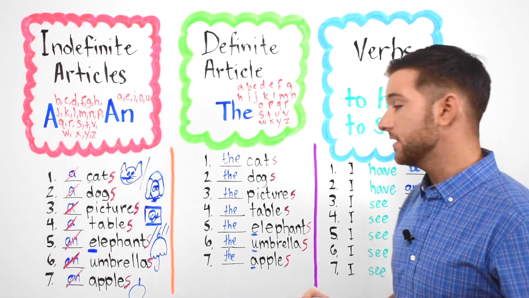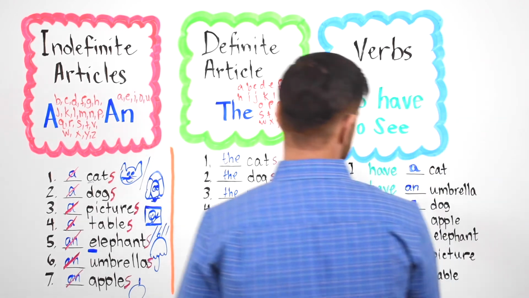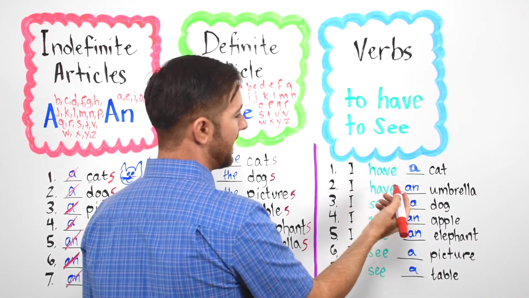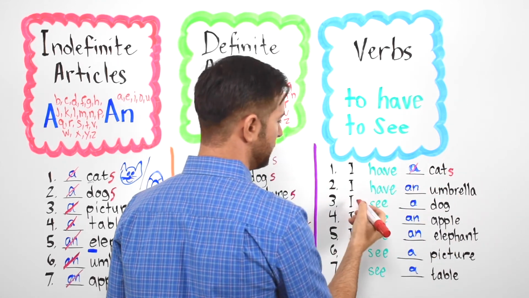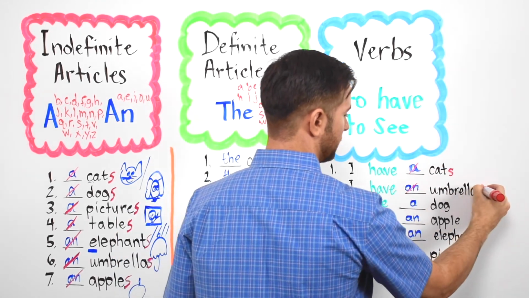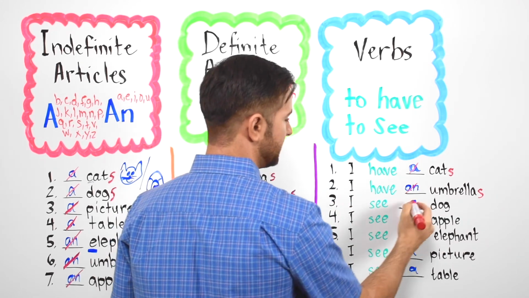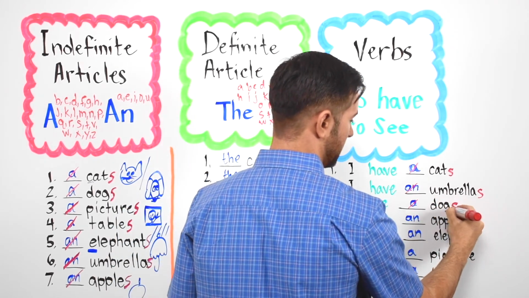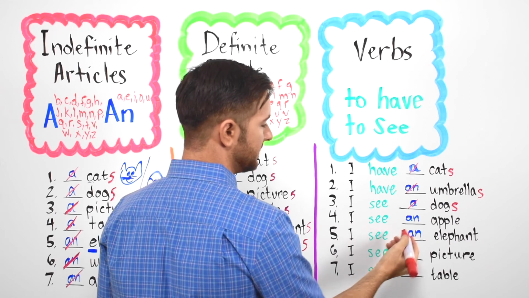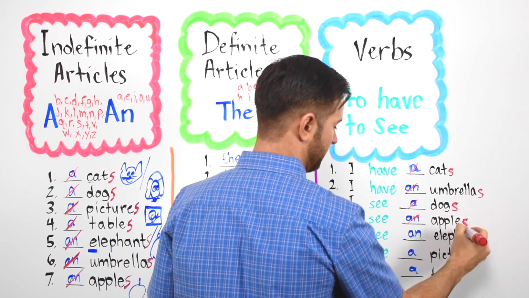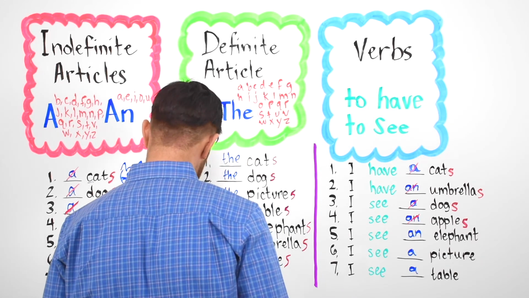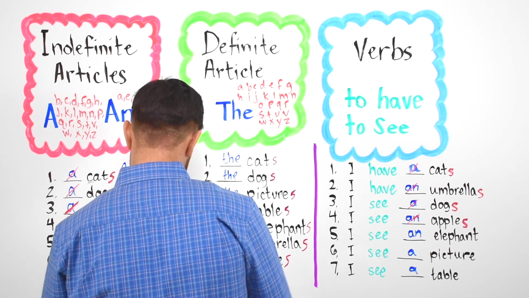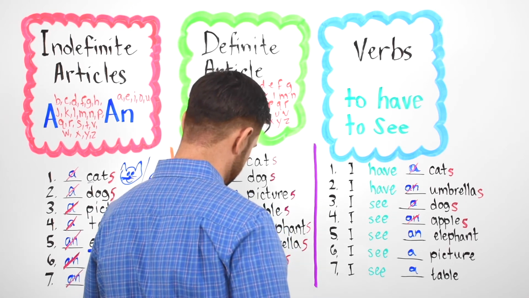Okay, so pretty easy. Now we have sentences here. Okay, I have, get rid of a, we can say I have cats. Number two, I have, get rid of an, umbrellas. Number three, I see, we can say I see dogs. Number four, I see apples. Okay, now let's say, for example, these right here are with the.